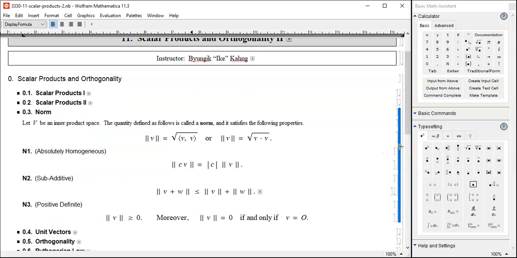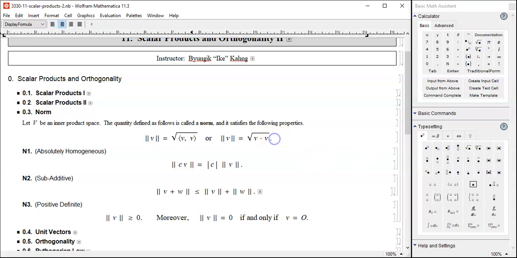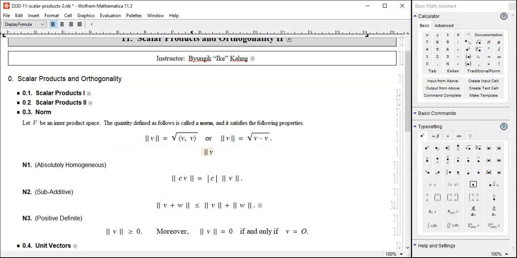Now, norm. Norm is the square root of the scalar product of itself, or equivalently speaking, norm squared is the dot product. So whenever you do some algebra with norms, typically we consider norm squared because square root is really difficult to deal with.